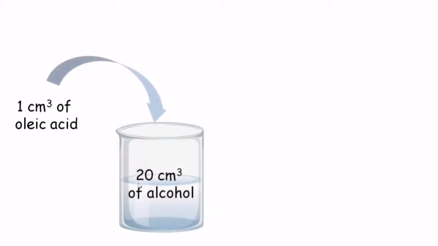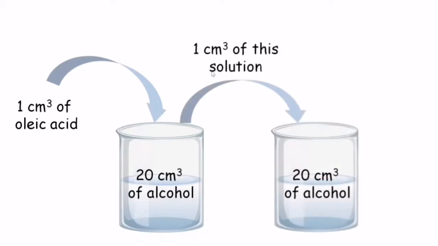Now let's make a solution of this oleic acid. So to calculate volume, we are taking centimeter cube here. I take 1 centimeter cube of oleic acid and I mix it with 20 centimeter cube of alcohol. So this means that I will have 1 by 20 centimeter cube of oleic acid per centimeter cube in this solution. Now we take 1 centimeter cube of this prepared solution and we add it to another 20 centimeter cube of alcohol.